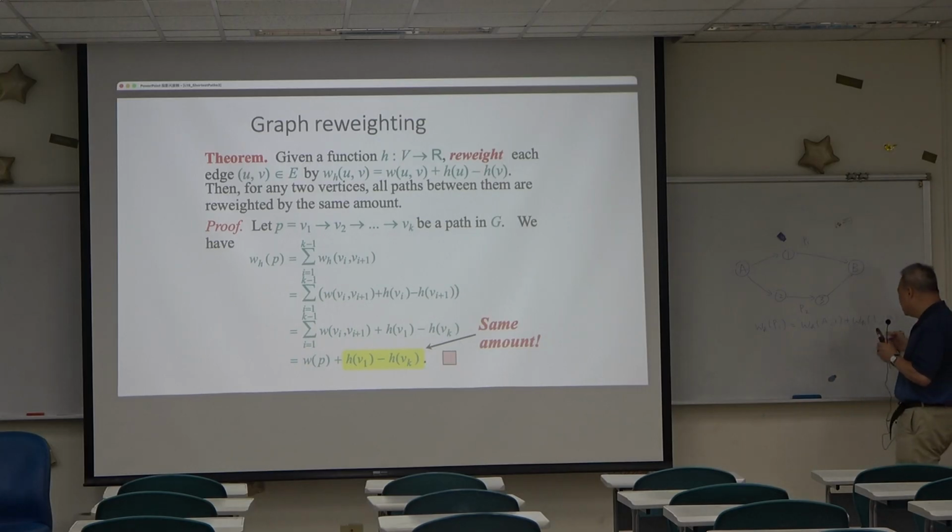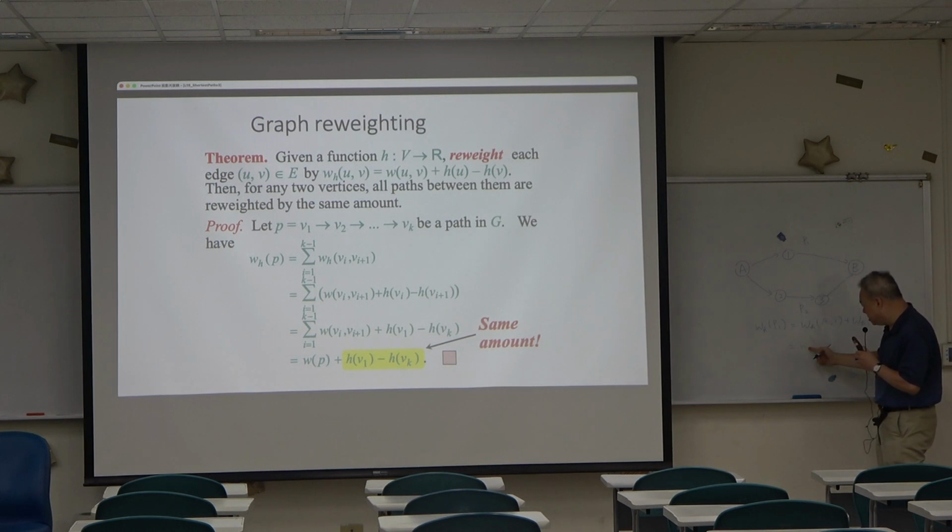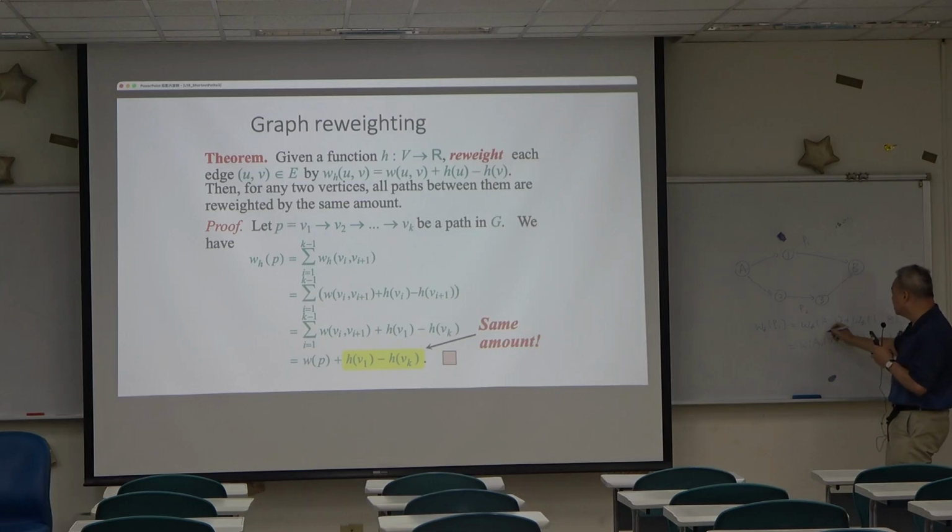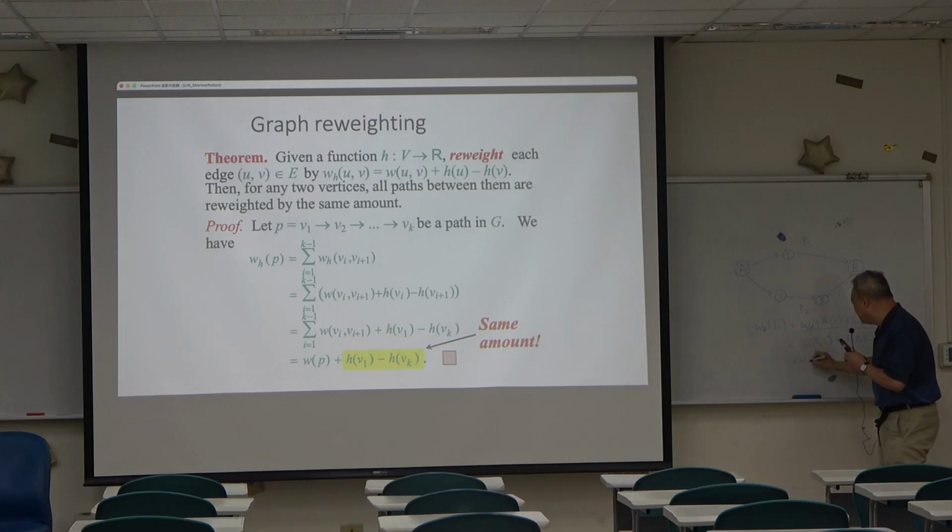According to the original reweighting formula, how we obtain w_h is w(A,1) plus h(A) minus h(1). That's the first term. And then plus the second term, w(1,B) plus h(1) minus h(B).